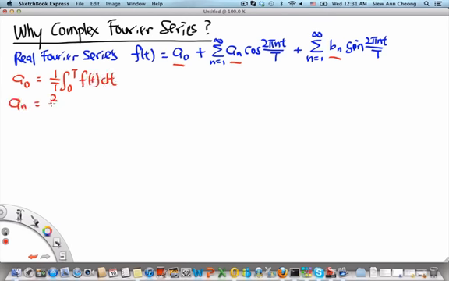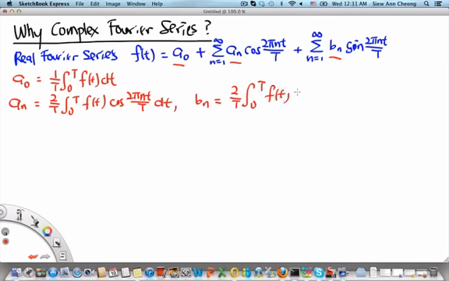An is equal to 2 over T integral from 0 to T of f of t cosine 2 pi nt over capital T dt, and bn is 2 over T integral from 0 to capital T of f of t sine 2 pi nt over capital T dt. So we actually have to evaluate two sets of coefficients plus one single coefficient, which is the average value.